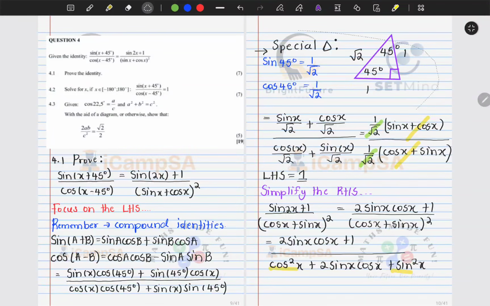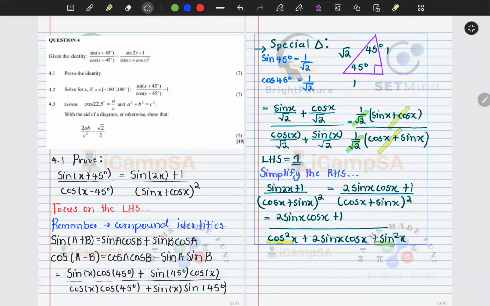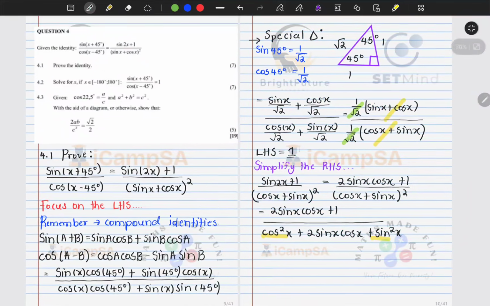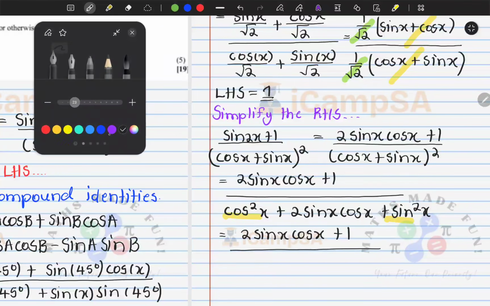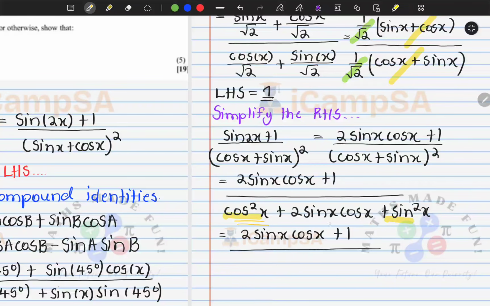So let me create some space here. Okay, so you will see that what we end up having is 2 sine of x cos of x plus 1 divided by these two here. When you add them, they will give you 1.